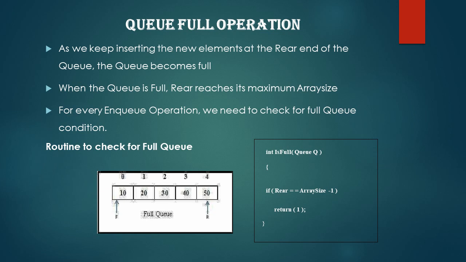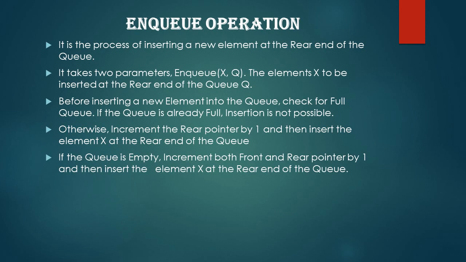Routine to check for full queue. Int is full queue. If rear is equal to array size -1, then return the value.